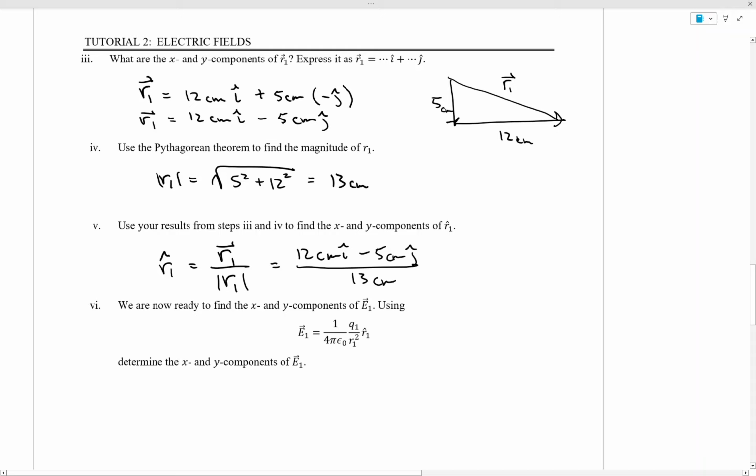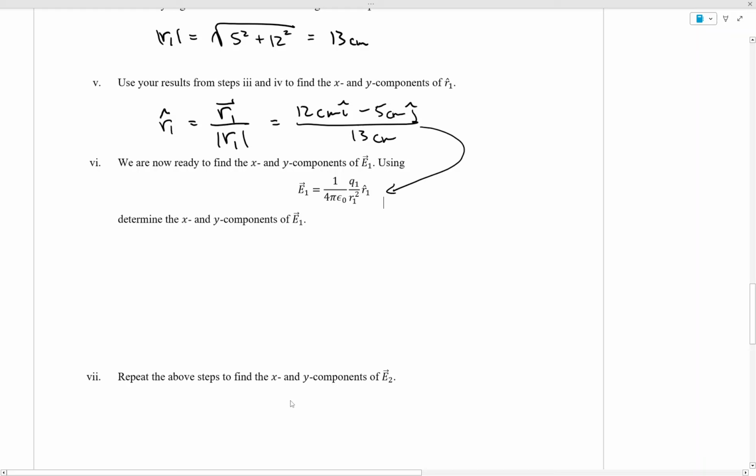And this is the unit vector r1 hat in terms of our familiar unit vectors i hat and j hat. And now we can use this by putting it into our expression for the electric field. So let's do that next.